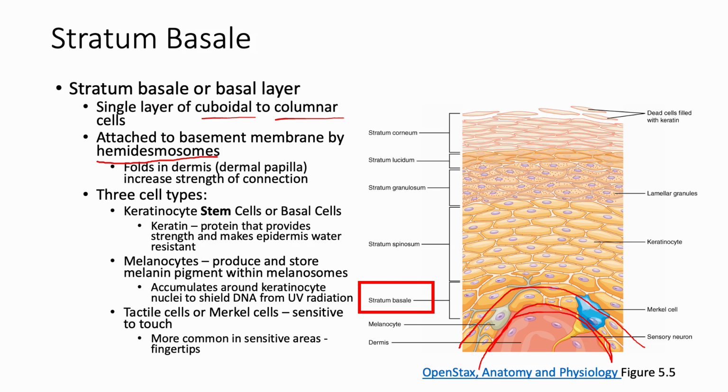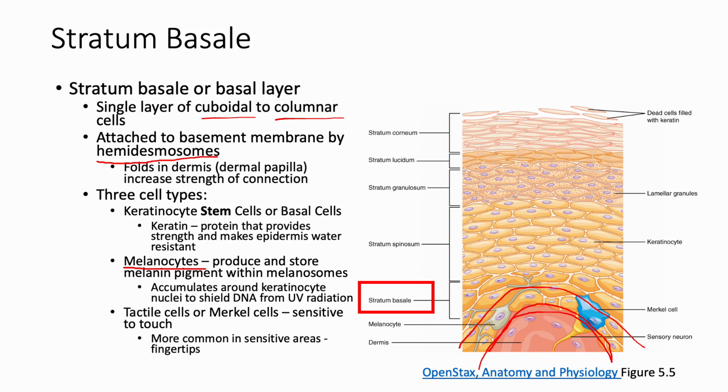Now, another cell type we're going to see is a melanocyte. And thank goodness these cells sound a lot like what they make. So the keratinocyte produces keratin proteins. The melanocytes are going to produce melanin pigment. And you probably already know something about melanin. We know it has something to do with the color of our skin. But what's the purpose of melanin?